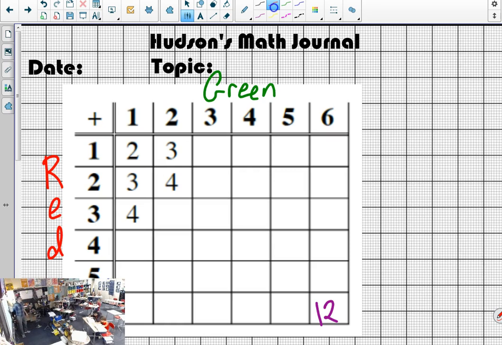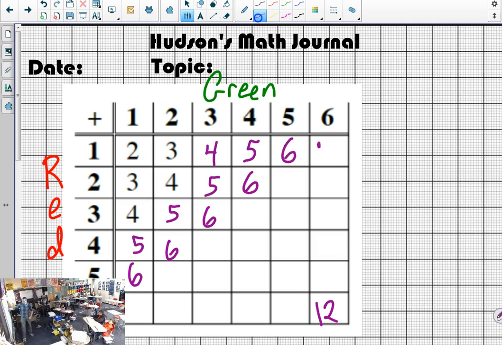So a 5 and a 4 is not actually the same as a 4 and a 5. They're two different results. Once you think you have your table done, go ahead and look up here. Give me a minute, then look up here. You should notice a pattern.